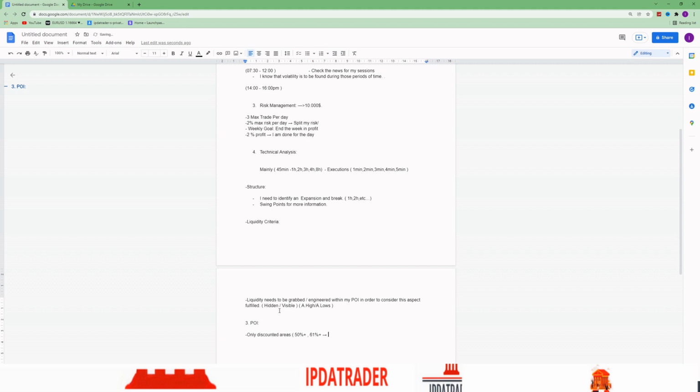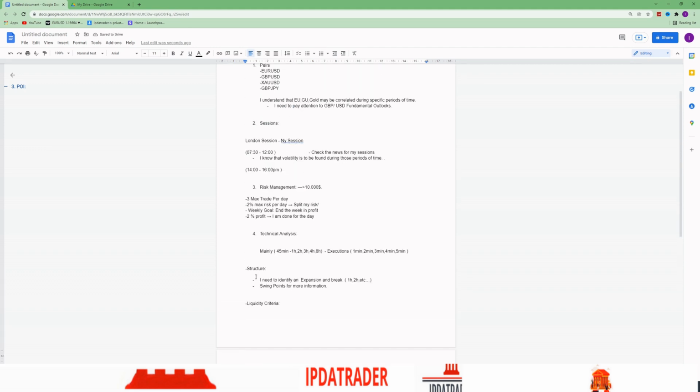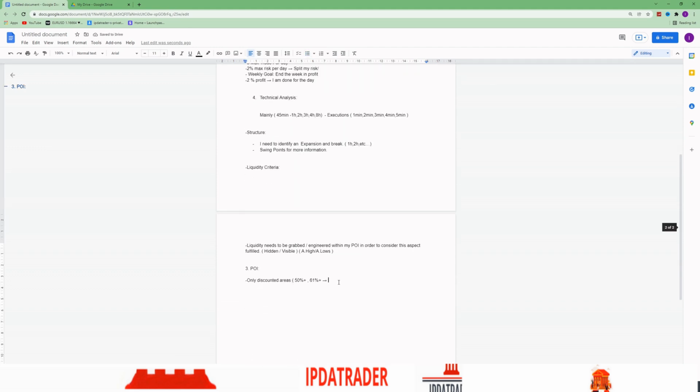And once again, this refers back to your structure play, right? So 61% of the expansion leg that I am working with, and that's going to eliminate tons of POIs and essentially remove and avoid taking bad trades, because if you're only waiting for POIs above the 61% of the expansion of the range, then you are waiting for discounted areas which are much higher probability.